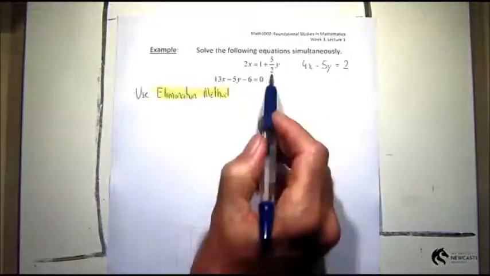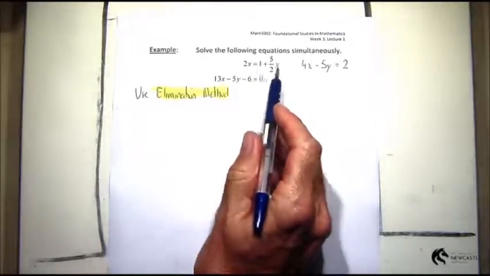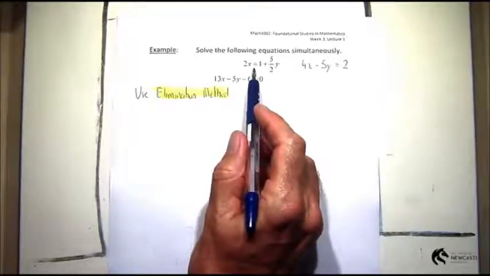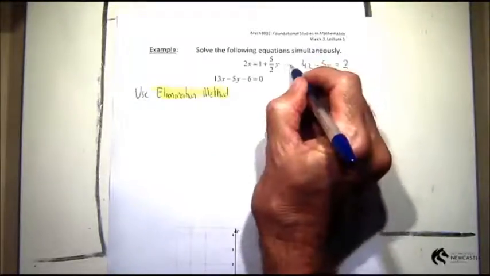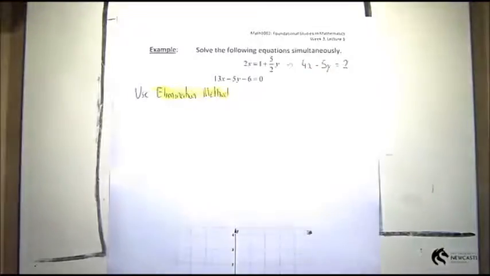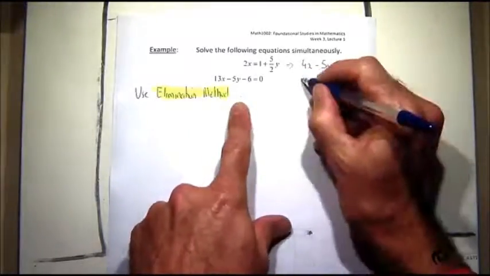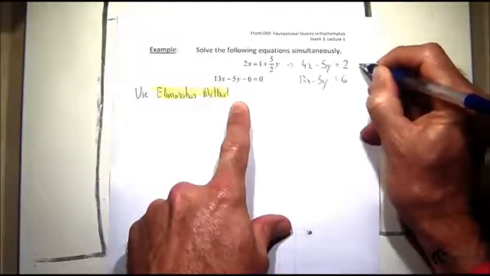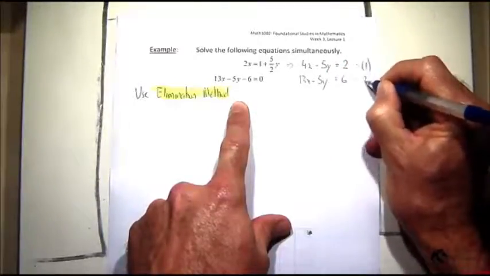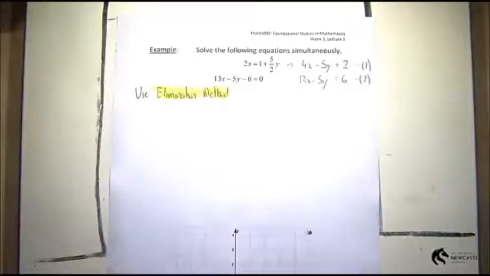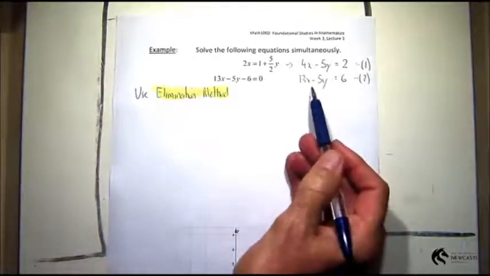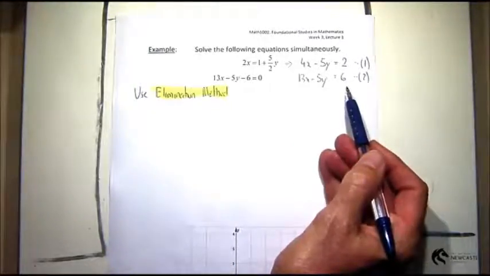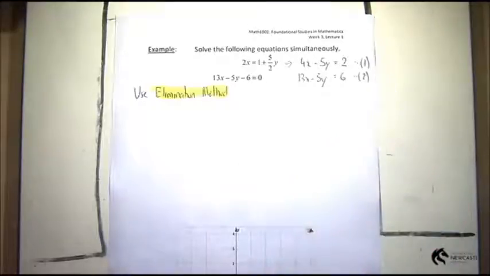So I've multiplied by 2, I've got 4x is equal to 2 plus 5y, and then I've brought the 5y over. Likewise here, I would write this as 13x minus 5y is equal to 6. And then I would call that equation 1 and equation 2. So I would write the equations with the variables on the left-hand side and the constants on the right-hand side. I'd do that as a first step, whether I was doing elimination or substitution.